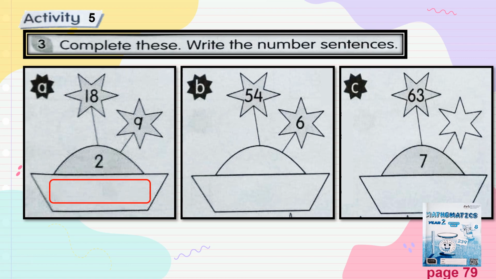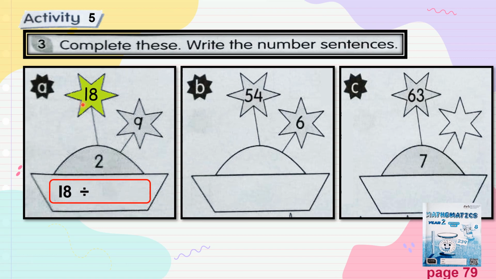Activity 5. Read the instruction. 3. Complete this. Write the number sentences. Okay, A. How to write the number sentence here? Okay, first, look at the biggest number. Which one is the biggest number? Yes, 18.